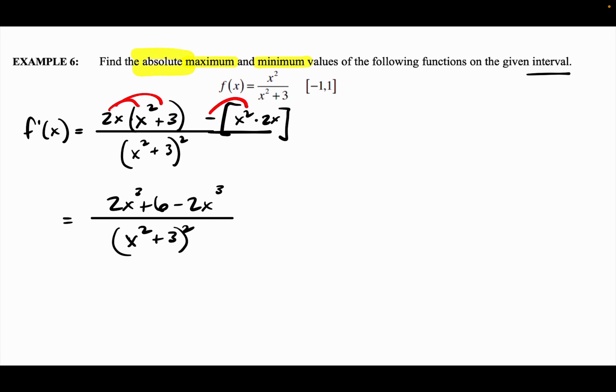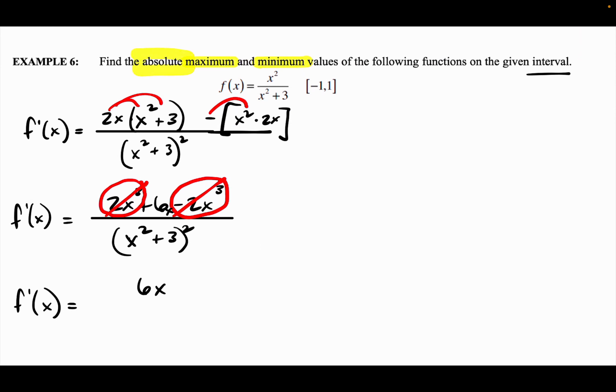So the 2x to the thirds are going to cancel out. So the first derivative is 6x over x squared plus 3 squared.